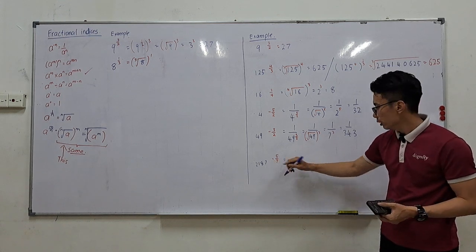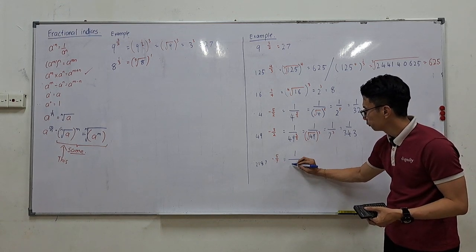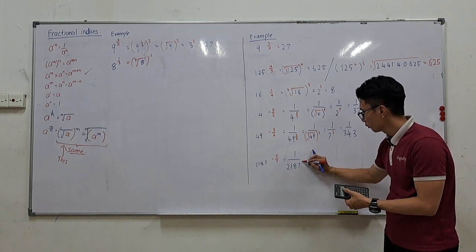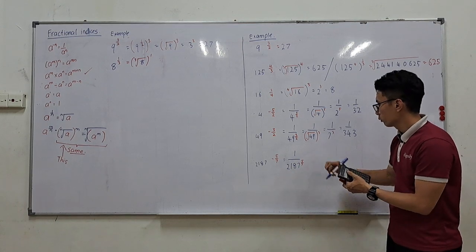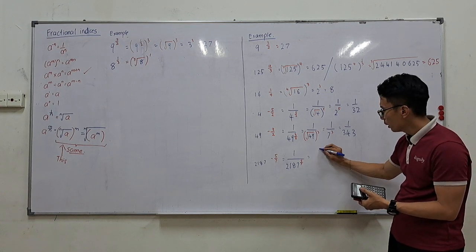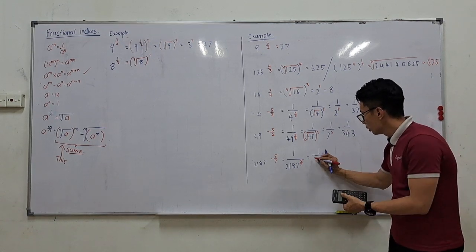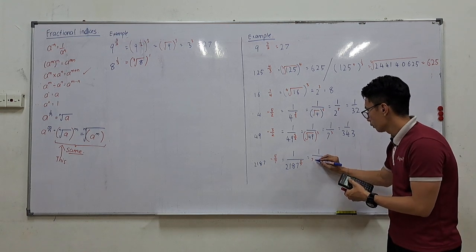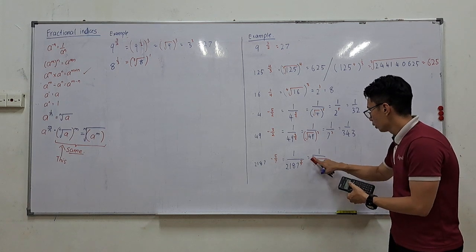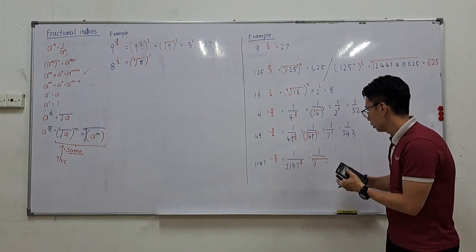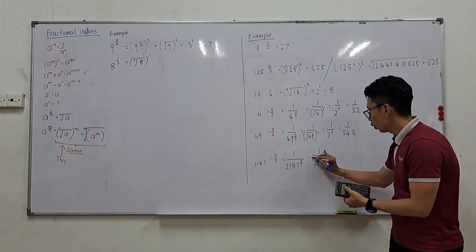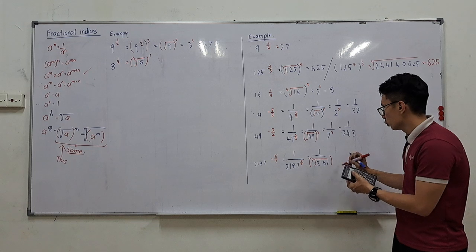Okay, again, I see a negative, so I want to change it to a fraction. And again, for the denominator, I can rewrite this into the 7th root of 2187, and this whole thing here, I'm going to raise to the power of 5.